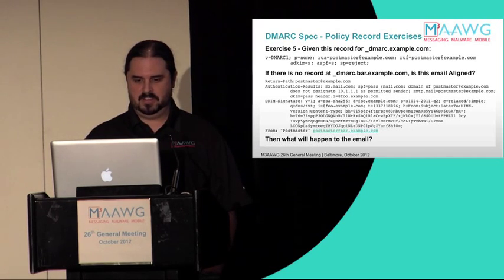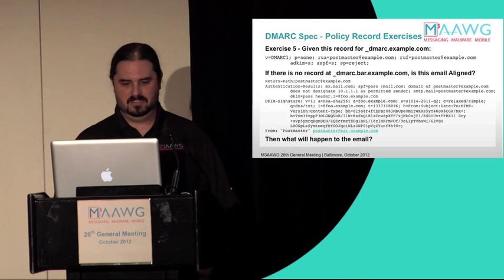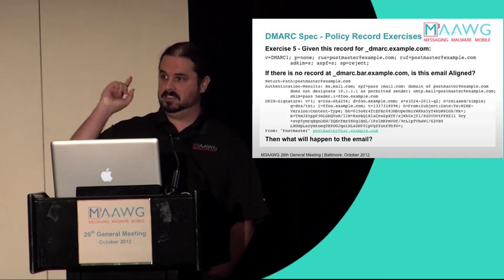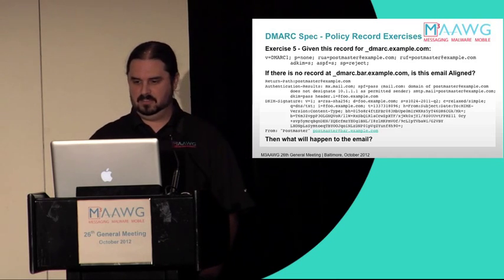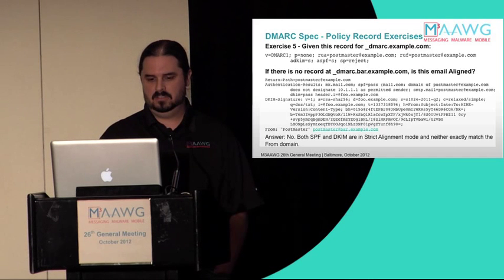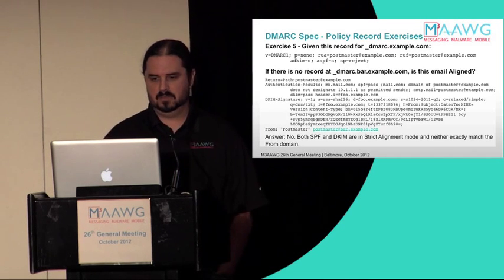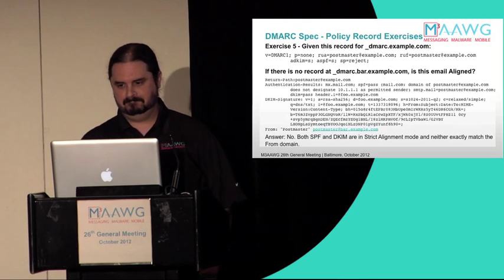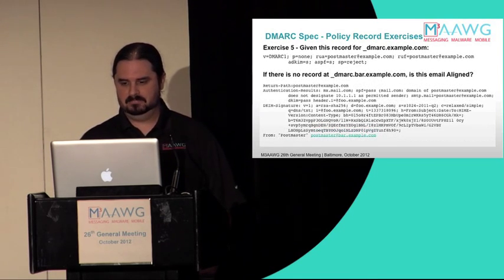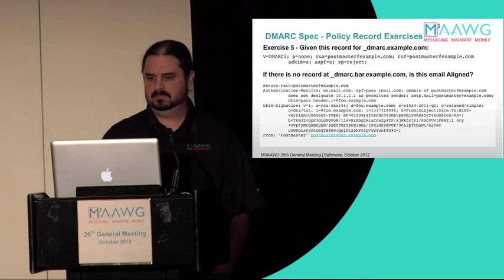Our overachiever has already answered the follow-up question. If there is no record at _dmarc.bar.example.com, is the email aligned? And you said no. That's correct. Both SPF and DKIM are in strict alignment mode, and neither exactly matches the from domain. Okay, so given that, what's going to happen to this email?